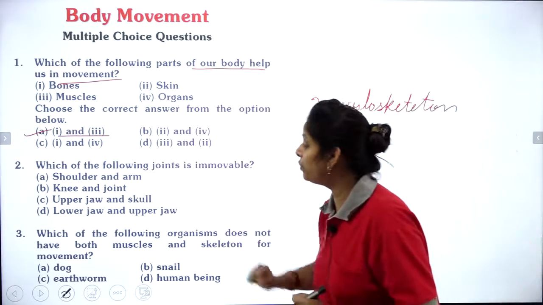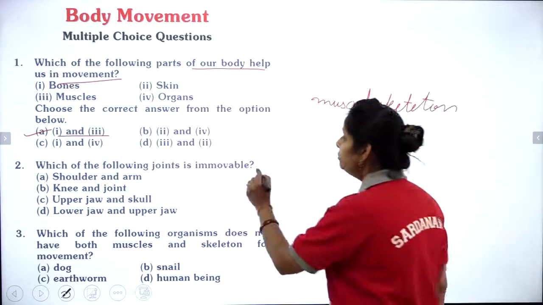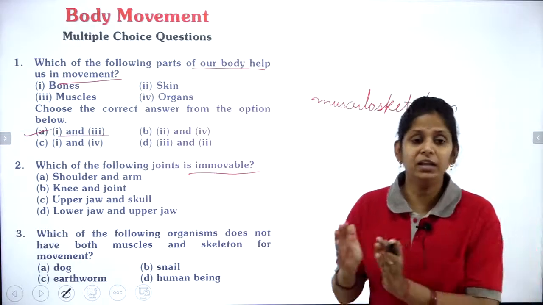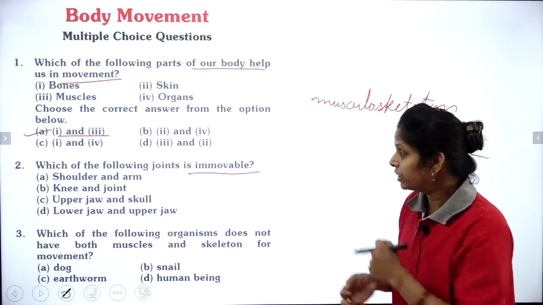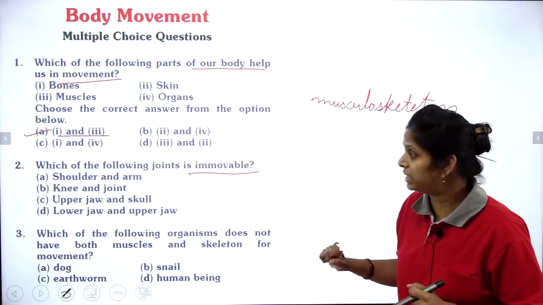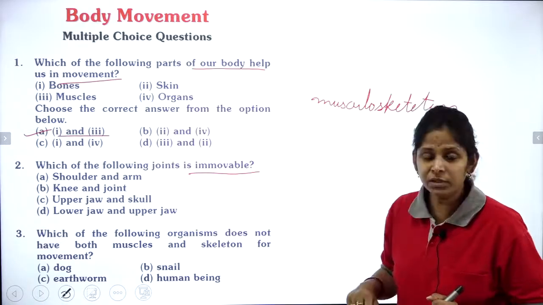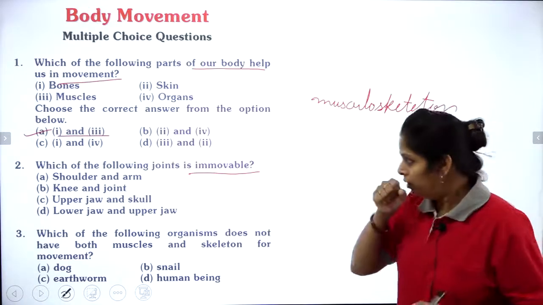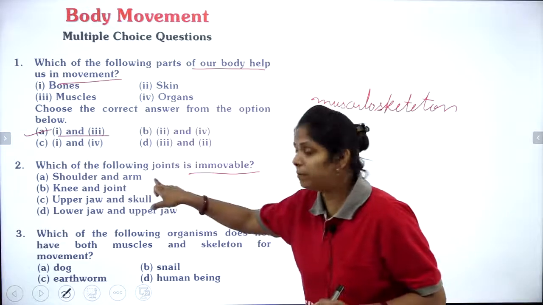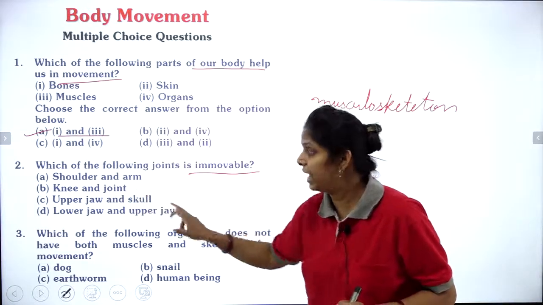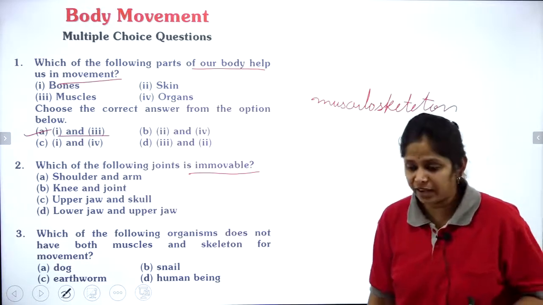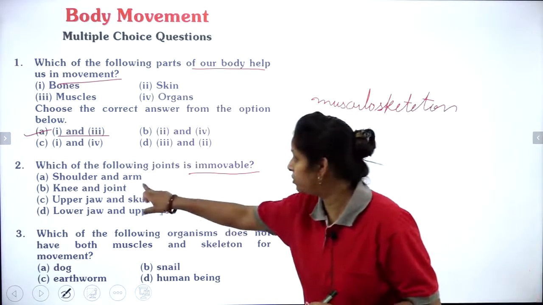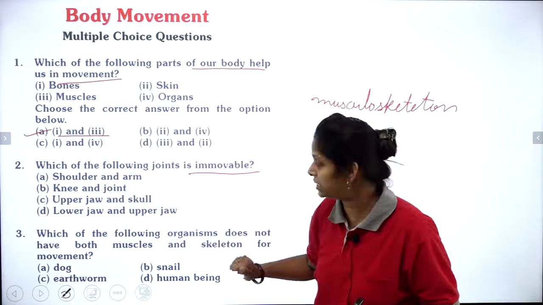Then after, which of the following joints is immovable? I told you there are two types of joint, movable and immovable. Shoulder and arm, but we can move it very easily, it means it is a movable joint. Knee joint, in your leg, you can easily move there also, so a movable joint is present.